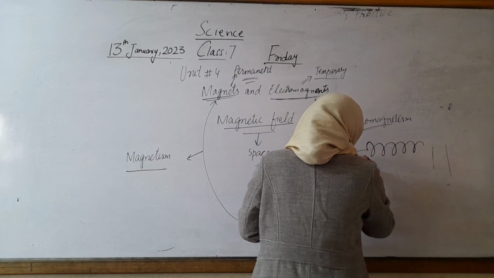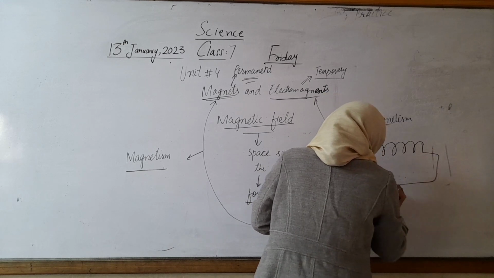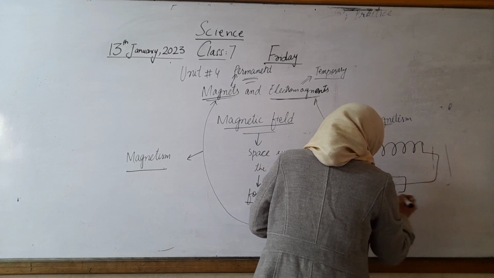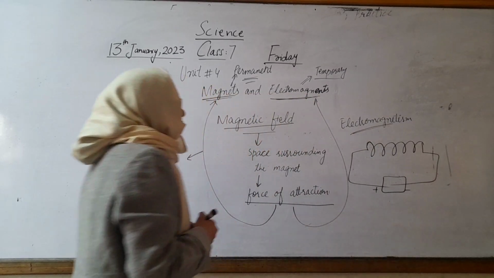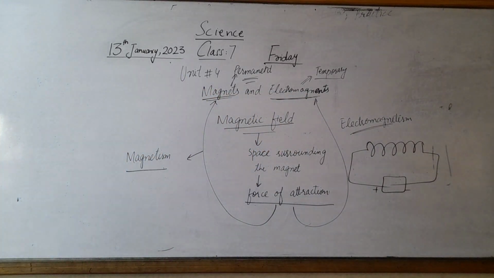We attached the terminal and we had observed how the force of attraction is carried out between the charges, and magnetism is the force of attraction by the magnet, and electromagnetism is the force of attraction by the electromagnets. Clear?